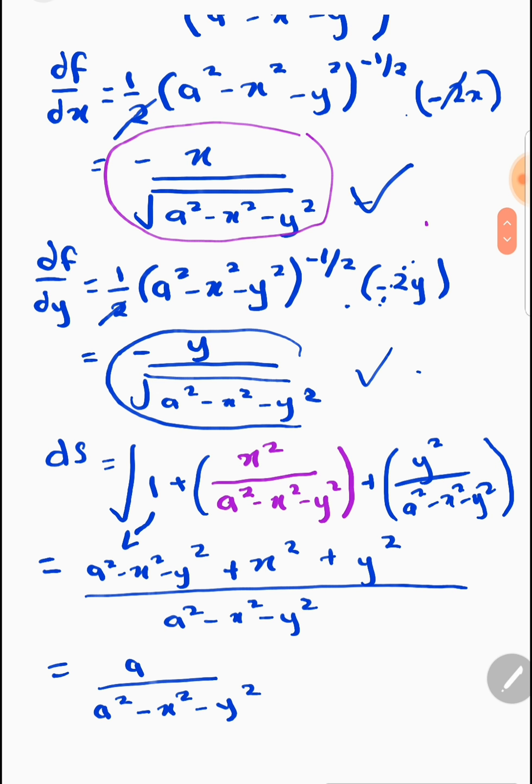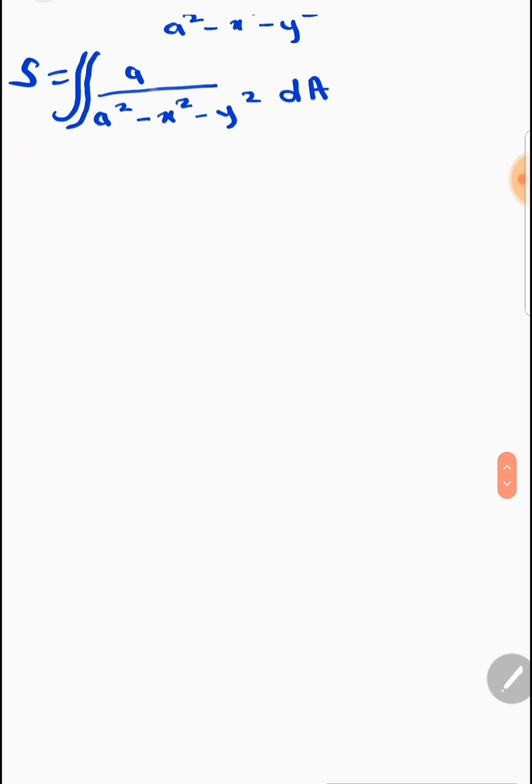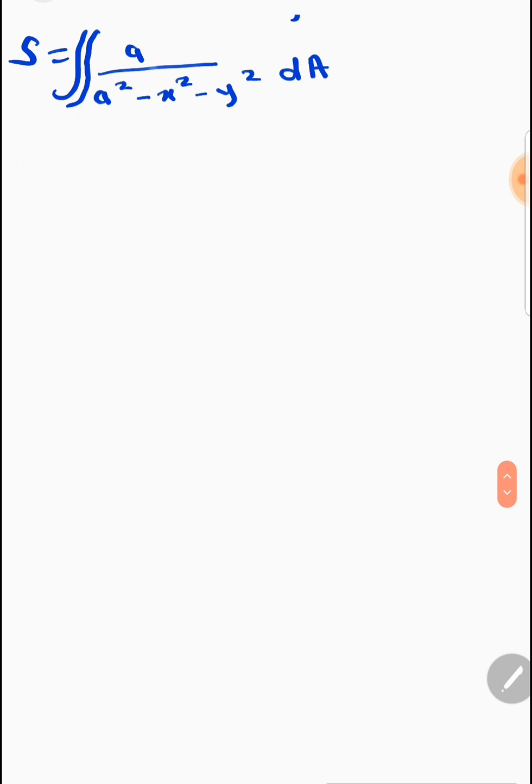And now that this is my ds, when I want to get my s, I basically just put a double integral in front and I get a dA for it, right? Now I can forget about this already. So let's look at this.